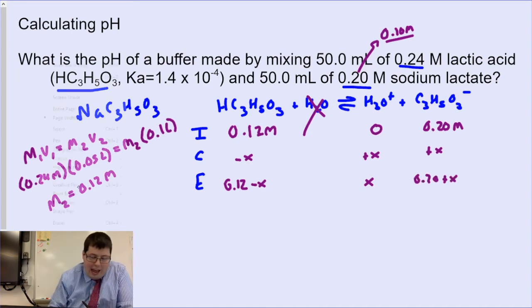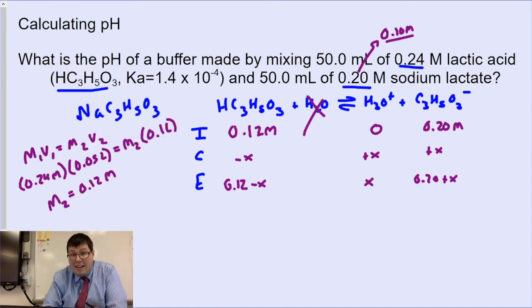Now, taking a look at the Ka of lactic acid, I know that the Ka is pretty small, especially when compared to the molarities of both my lactate and my lactic acid. Therefore, we can make the small x approximation, that is going to be a negligible change in x for both of those. And so that makes our Ka expression a lot nicer.